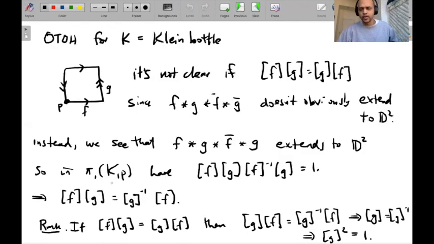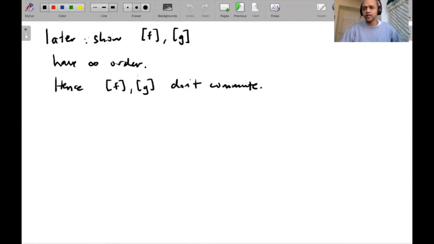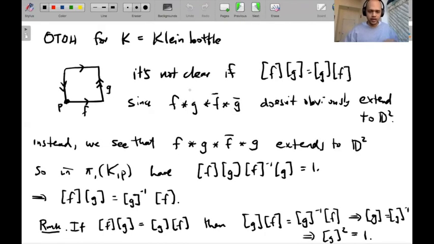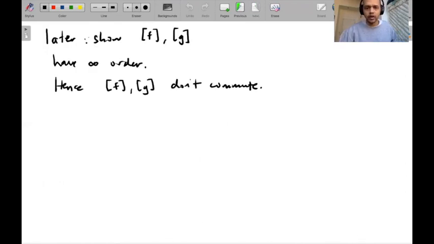Okay, so do you follow the logic? If F and G commute, then G has order 2. Later we'll show, in fact, G has infinite order, so F and G actually don't commute. So the fundamental group of the Klein bottle is not an abelian group. There are elements that don't commute. Yeah, so that's the last line in my notes. Hence, pi1 of the Klein bottle is not abelian. Okay.